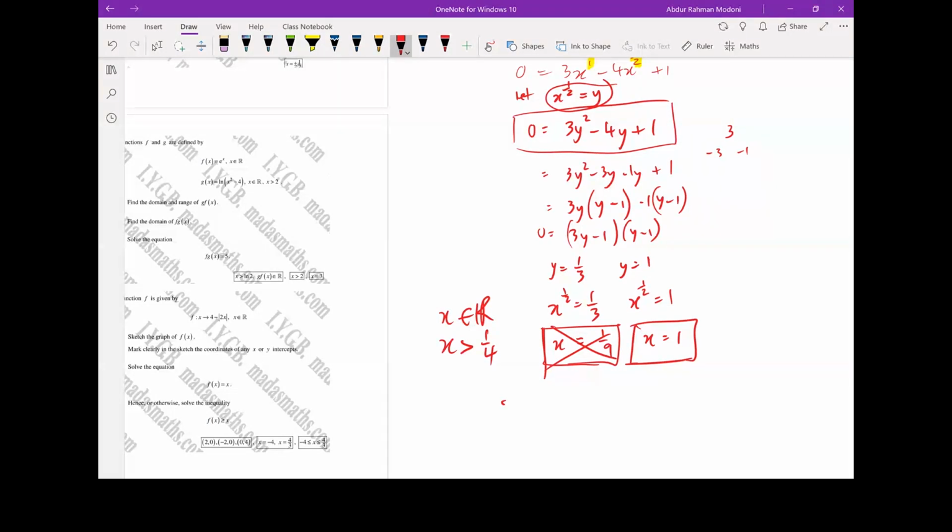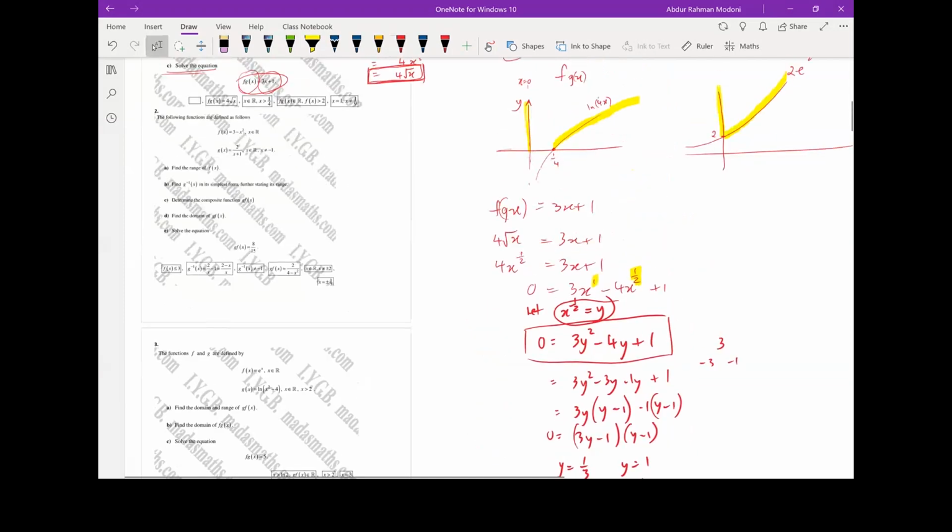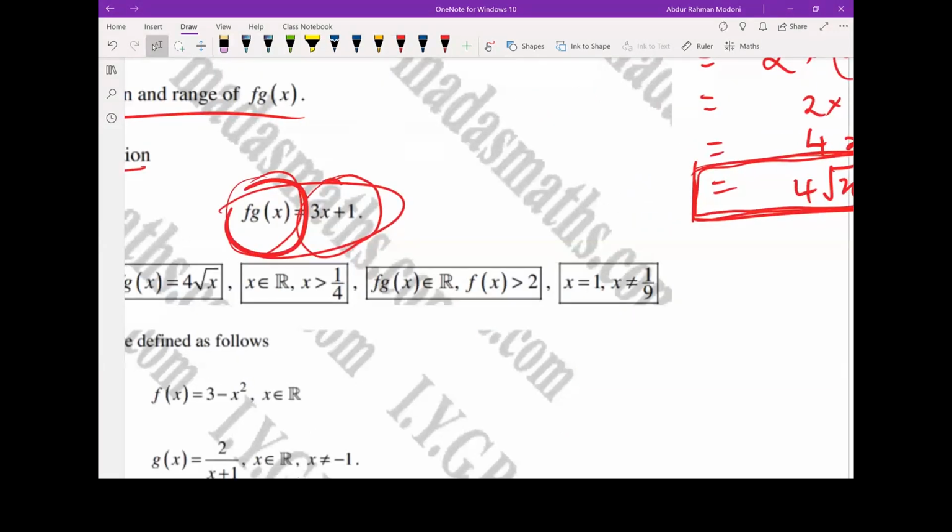How do we know this doesn't work? Well, what is it that we're actually solving? Remember what I said earlier? fg of x is equal to 3x plus 1 means if we were to draw fg of x and draw 3x plus 1, where would they intersect? But fg of x is only drawn for values where x is greater than a quarter. So surely it's got no curve drawn for less than a quarter, i.e. for x equals 1 over 9.